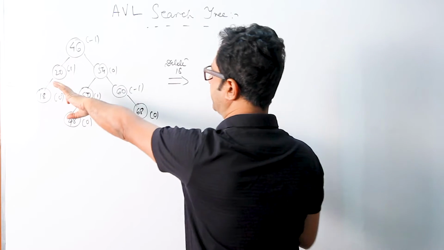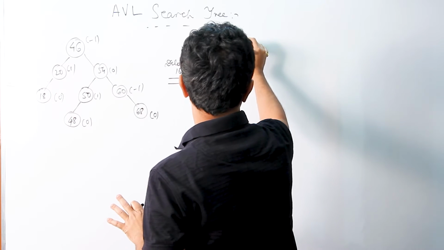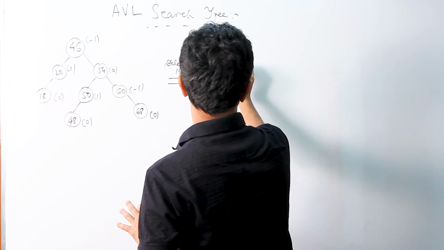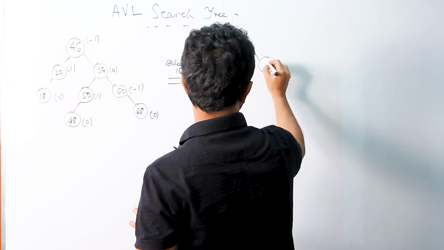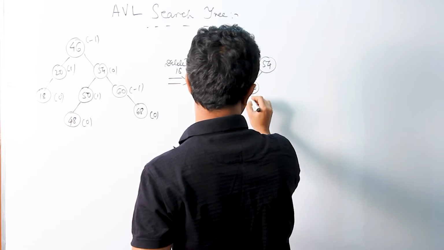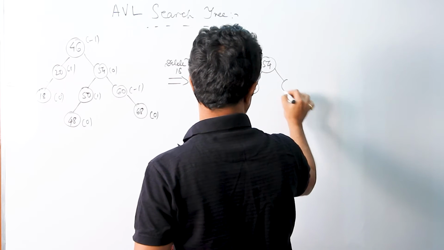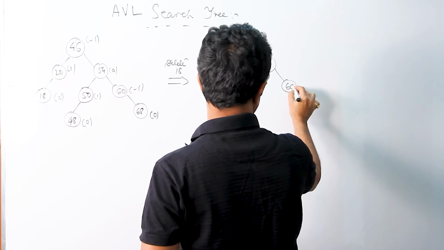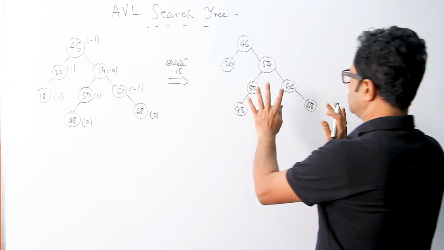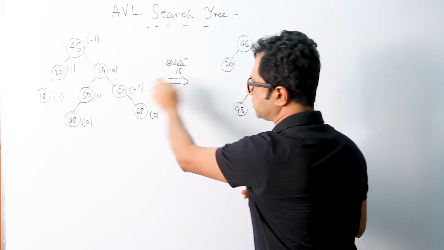After deletion of 18, the AVL tree will look somewhat like this: 46, 20, this portion will remain unchanged, 54, 50, 48, 50, 60, 68. So this is the AVL search tree after the deletion process.